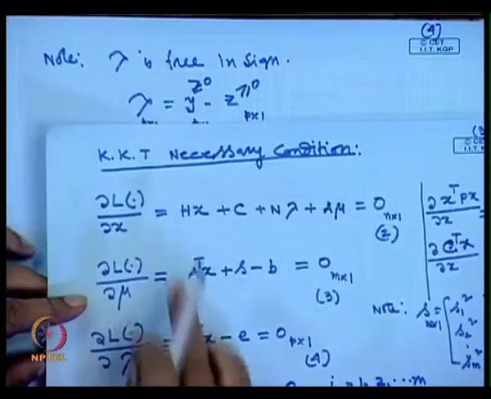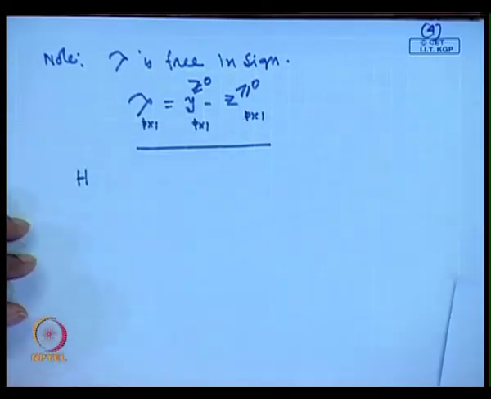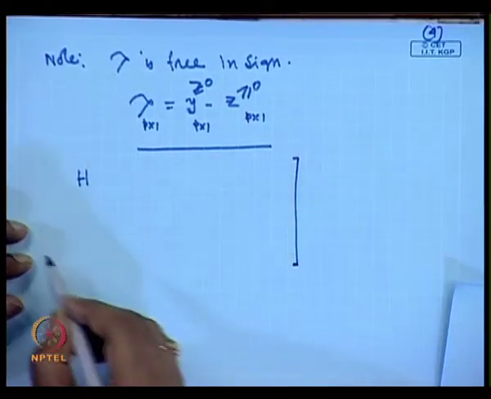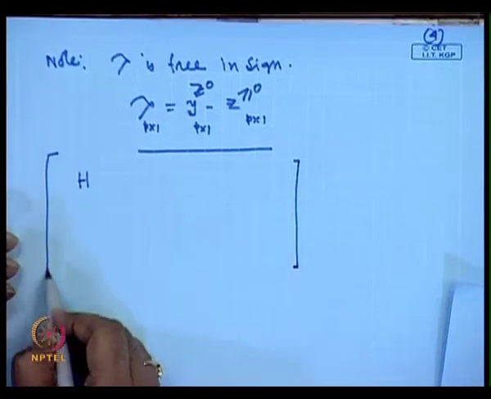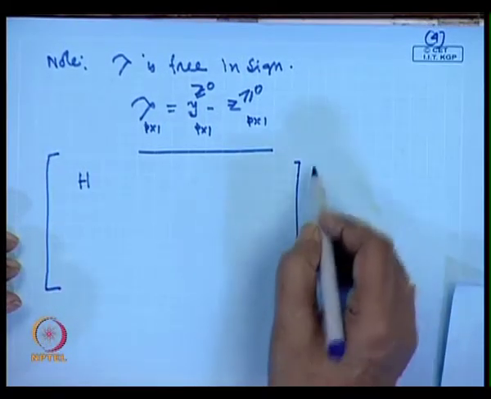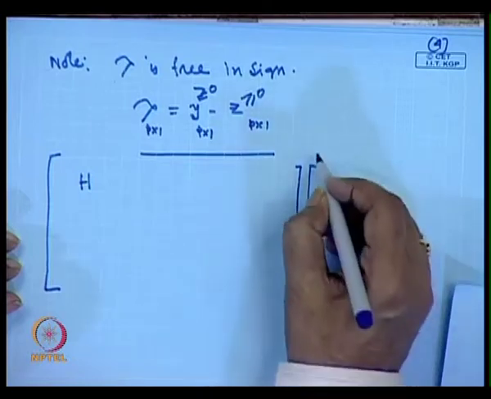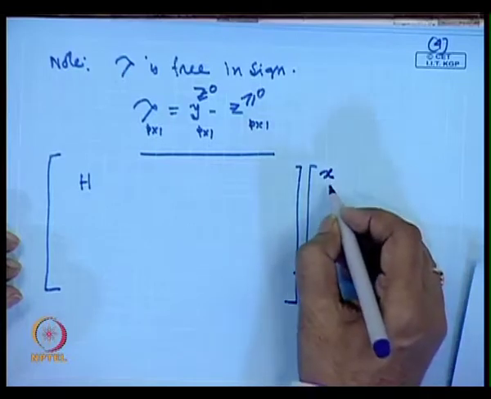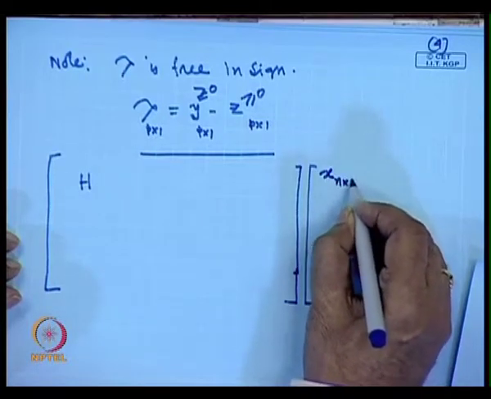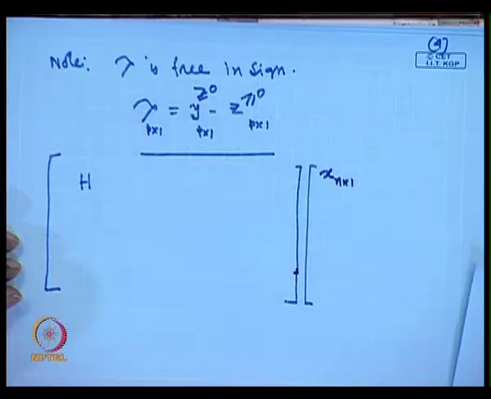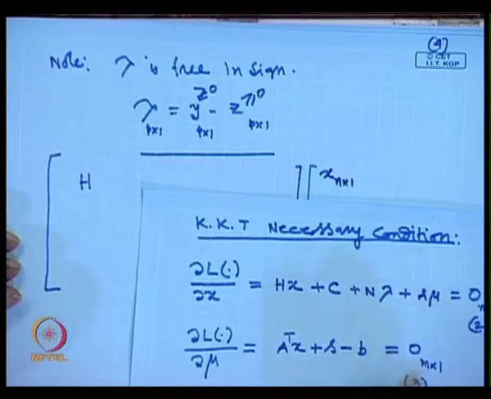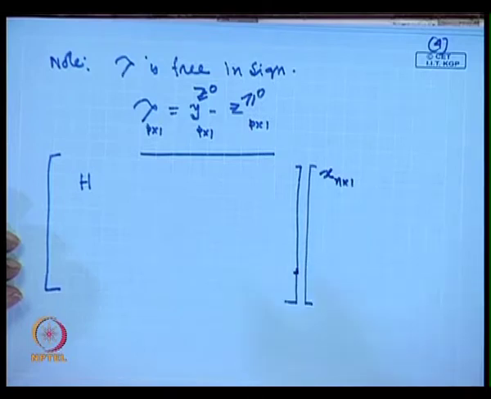So, first expression h into x. I am just writing it here. I am arranging x, and how many decision variables of x are there? n cross 1. Side by side I am writing the dimension also, so that it is easy for us to track this equation. Next I will write mu. What is the mu dimension? m cross 1.